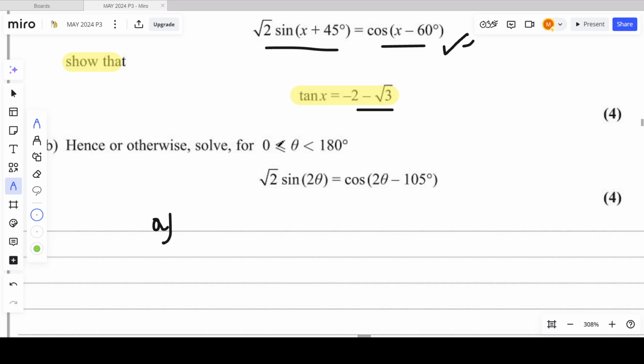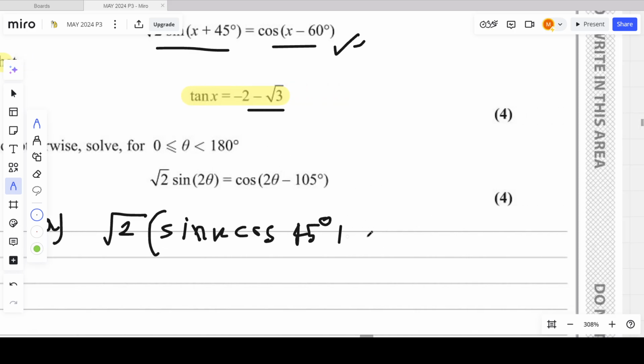Sine (x plus 45 degrees) can be written as sine x cos 45 degrees plus cos x sine 45 degrees, with the square root of 2 in front.